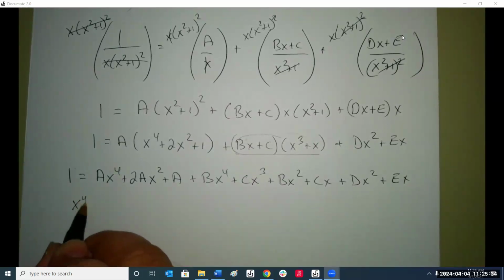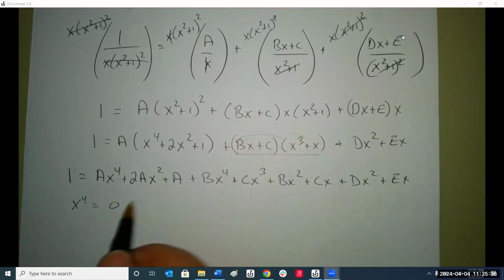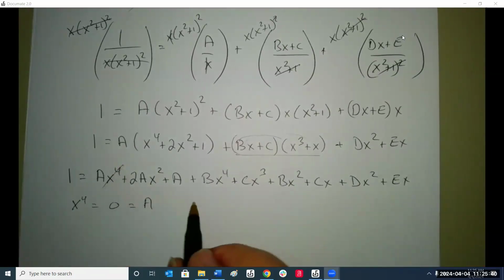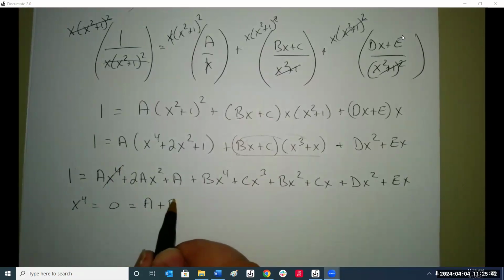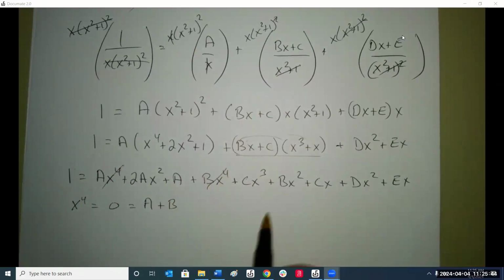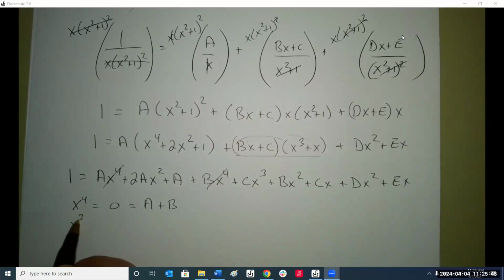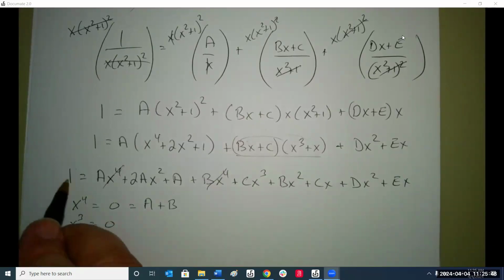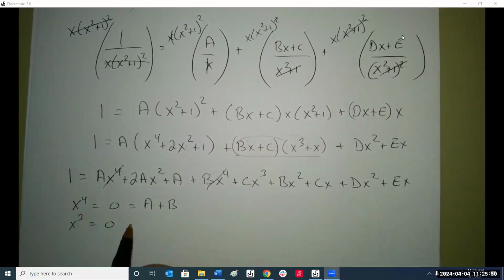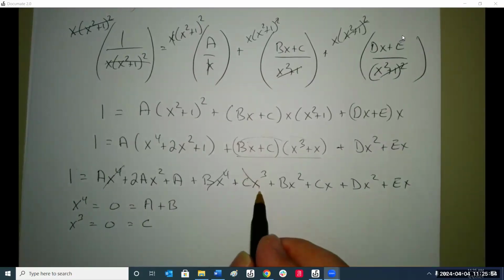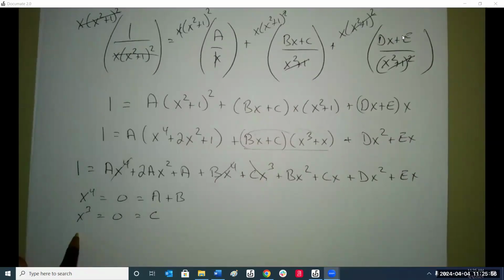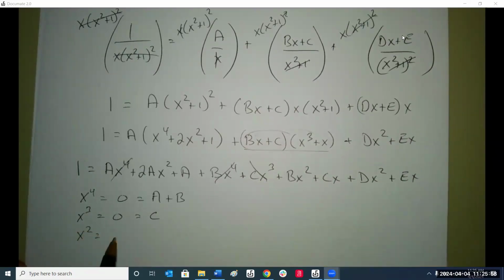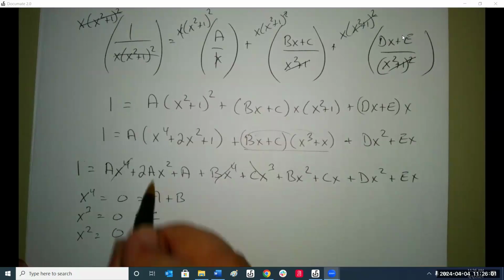So x to the 4th is equal to 0. So we have a plus b. x to the 3rd is also equal to 0 because we don't have it anywhere on this side. This is c. x squared is also 0.